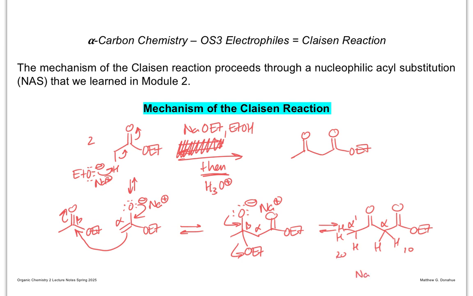And so because we formed that sodium ethoxide, this is a thermodynamic deprotonation. That hydrogen is so acidic that once it forms, it gets deprotonated. And so that's the one-way arrow that gets it out of equilibrium.